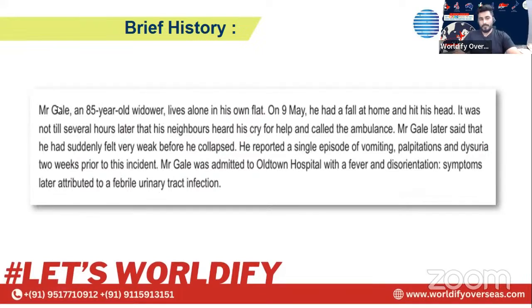So now the background: Mr. Gale, an 85-year-old widower. Here we start with Mr. Gale because we have already given the full name. For the rest of the letter, if you use Mr. Gale's name, you only use the second name, Mr. Gale. You do not write the full name. You use the full name only in the initial part, in the purpose only.